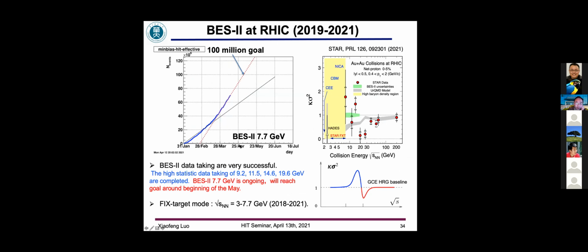We will achieve the goal around the beginning of May, and after that we will take 17.3 GeV, to confirm with precise measurements below 20 GeV whether we will see a peak structure or not at low energies. We also have the fixed target mode energies that will fill into this energy range.